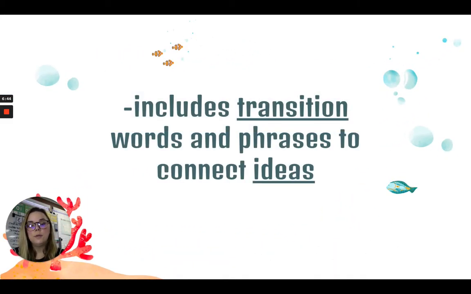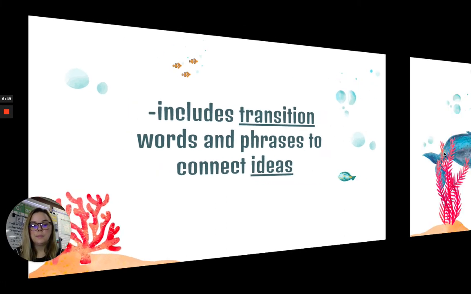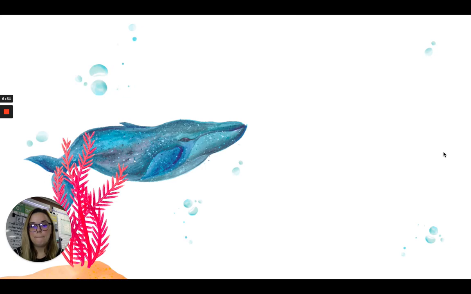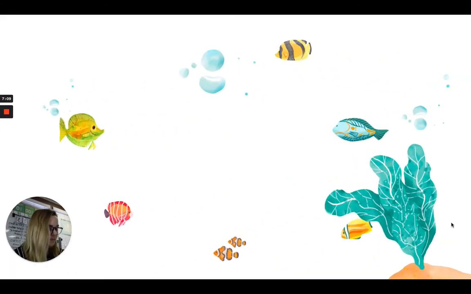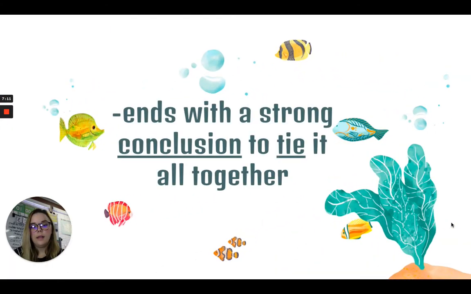It also includes transition words and phrases to connect ideas. May include text features like headings, pictures, diagrams, tables, timelines, maps. Informative text does not have to have each one of these, but it normally will have a good number of them. And it ends with a strong conclusion to tie it all together.